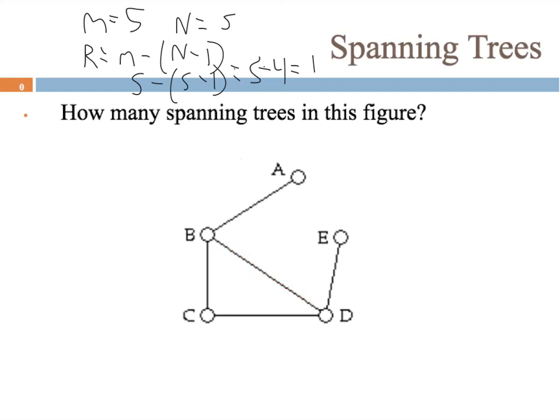If we were to get rid of CD, all the vertices are connected, and we have a tree, no circuits, so that works. That's the second option. The third option is to get rid of BC. Everything's still connected, and we have a tree. So the answer to that question, just like the last one, is 3.